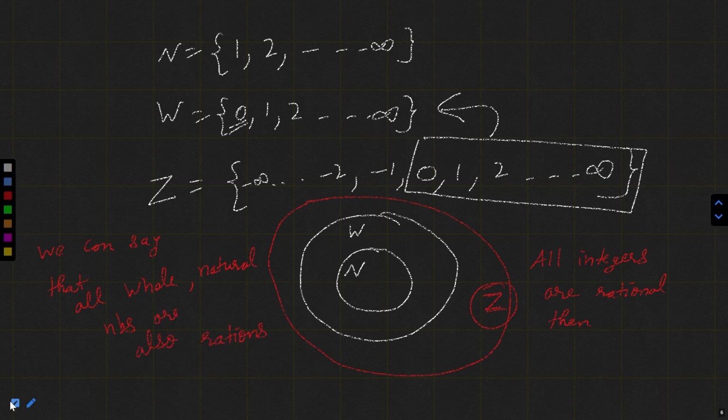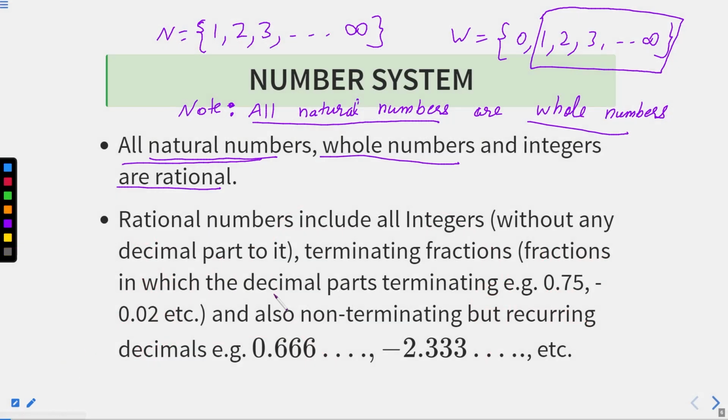Clear? Now, how can we say that integers are rational? By giving the reason for this, that integers are rational, we can conclude that all natural numbers and whole numbers are also rationals.